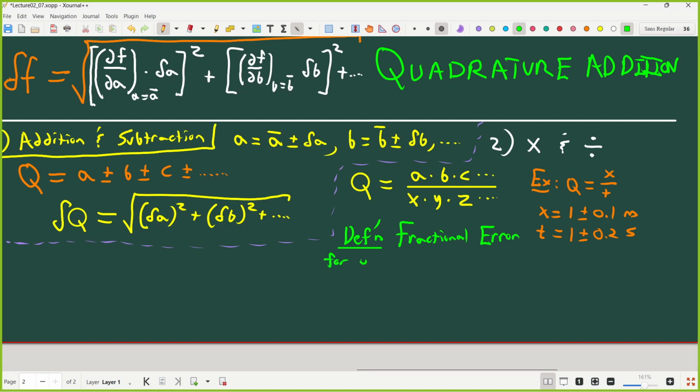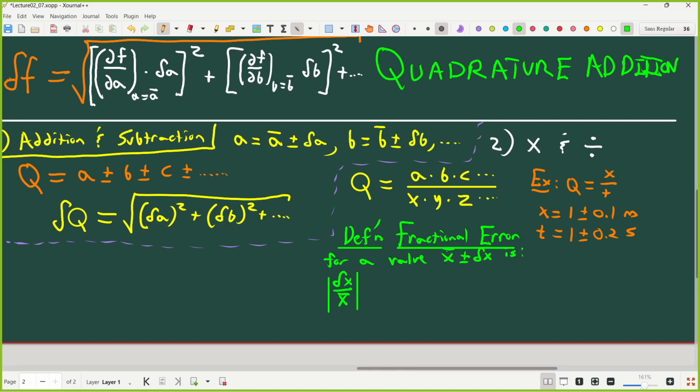For a value x plus or minus delta x, the fractional error is the absolute value of delta x over the value of x. I'll make that bigger so it's better written. Sorry, guys. So you take the error and divide it by the value that you measure, that's x hat, and this is what's called the fractional error.